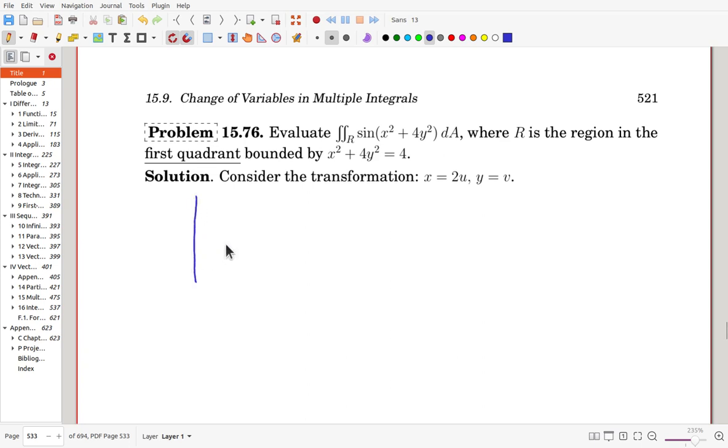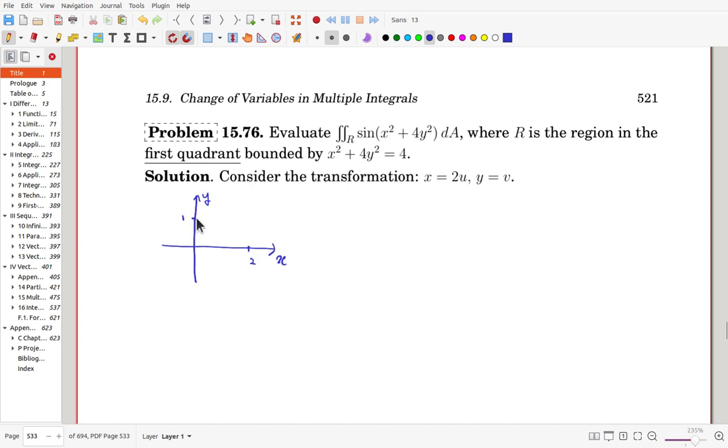This is for the first quadrant and bounded by that one. So there's the x-axis and y-axis. Once x is 0, then y is 1. And once y equals 0, then x must be 2. That is 2, this is 1.